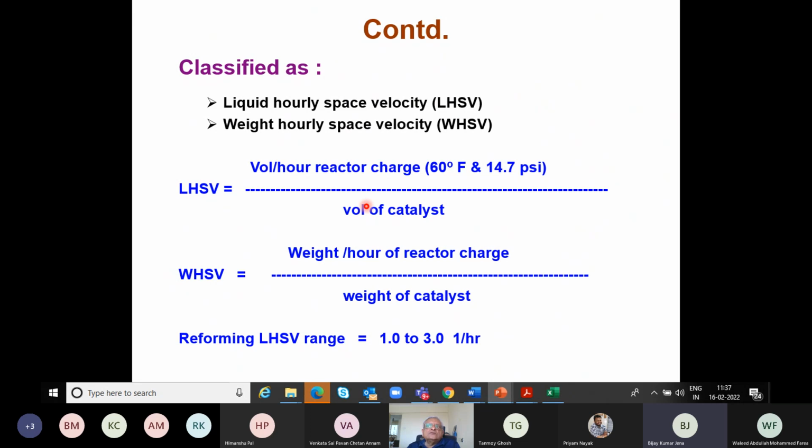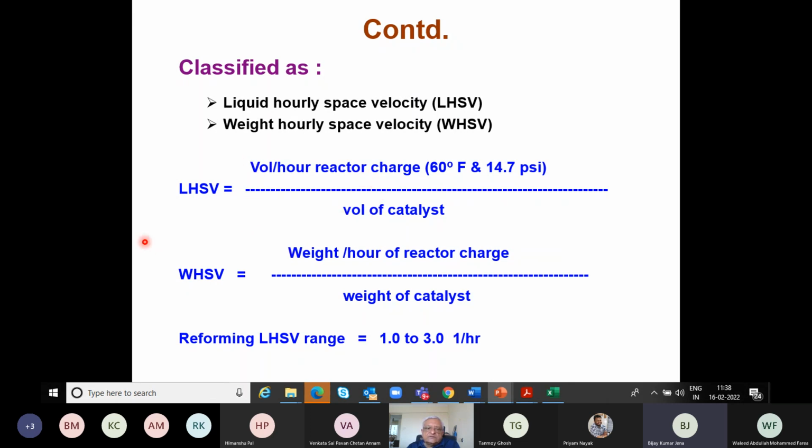If you take the catalyst and fill it in a measuring cylinder, 1 liter or whatever it is, that is what we call the bulk density, including the interstices volume. So that is what is called the liquid hourly space velocity. And the unit is 1/hour, because the volume cancels out.